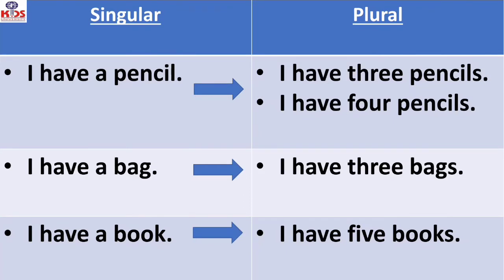So, we cannot say a pencils because the s means there's more than one. So that's incorrect. In the same way, we cannot say a bags or a books because there is already an s in bags and books. And when there is an s in the noun, it already means that there is more than one thing.